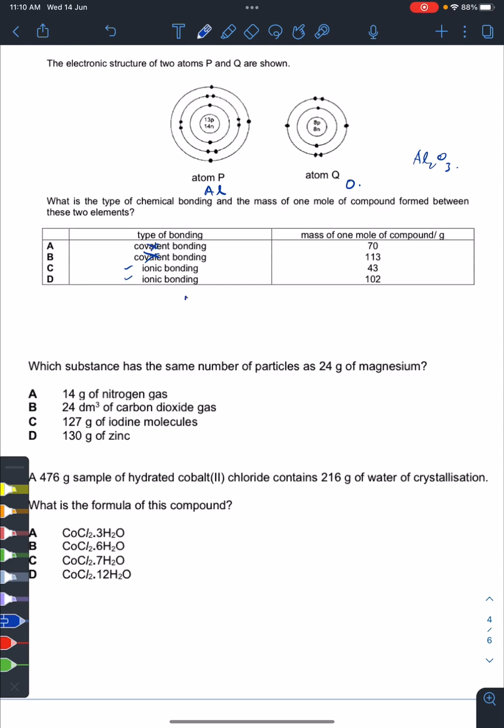So remember the formula? Mole equals mass over Mr. So mass equals mole times Mr. So 1 mole times (2 × 27 + 3 × 16) equals 102 gram. Oh, so answer is D.